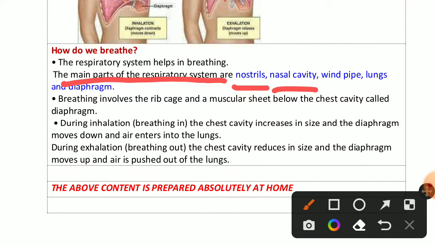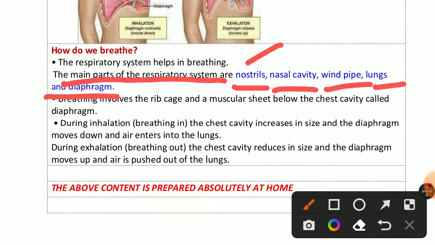This all I told you in the human respiratory system. First one, nostrils. Nostrils mean the holes of our nose. Second one, nasal cavity, that is the part where our inhaled air goes.